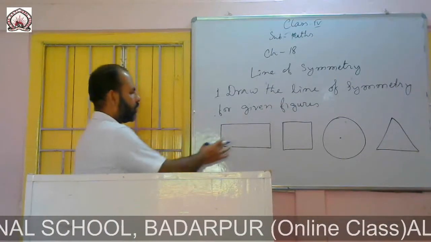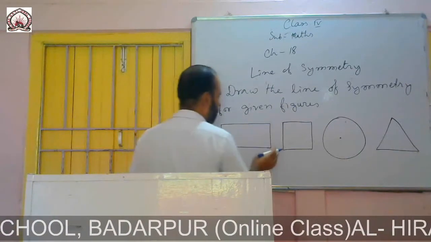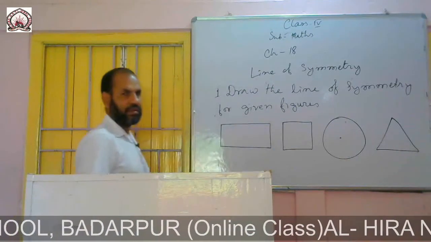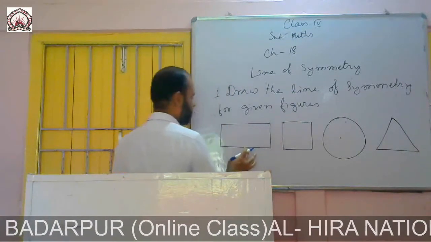So here we have a rectangle. A rectangle has 4 sides. The opposite sides are equal. This side equals this side and this side equals this side.